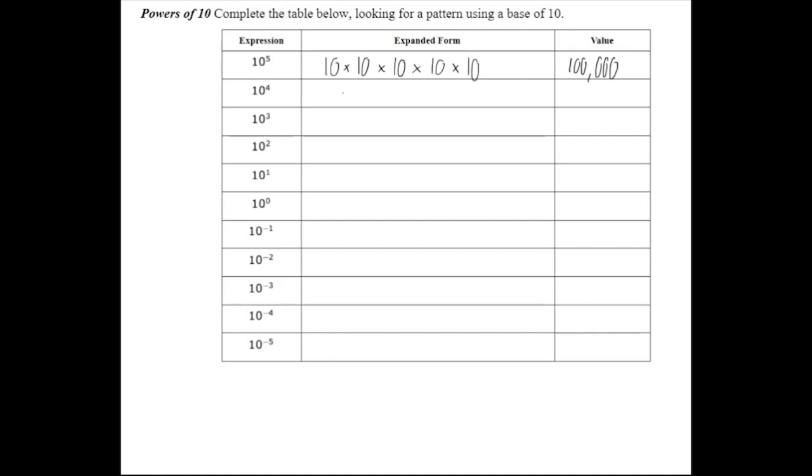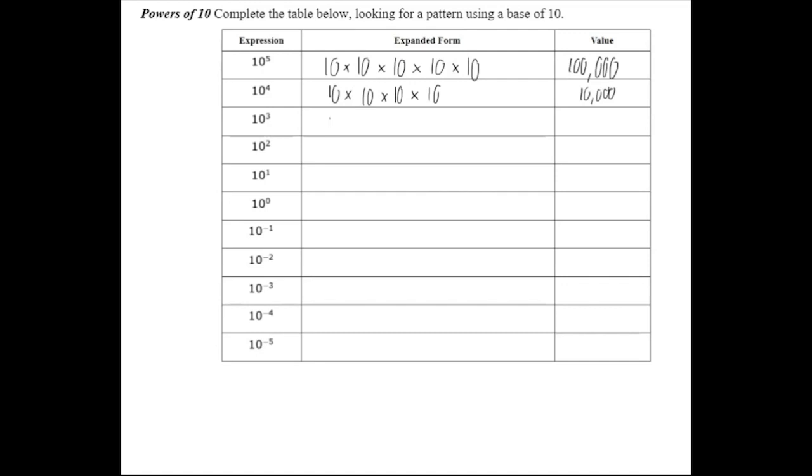For 10 to the 4, we have 10 times 10 times 10 times 10. 4 tens. 10 times 10 is 100, times 10 is 1,000, times 10 is 10,000. Note that we have 4 zeros in this case.